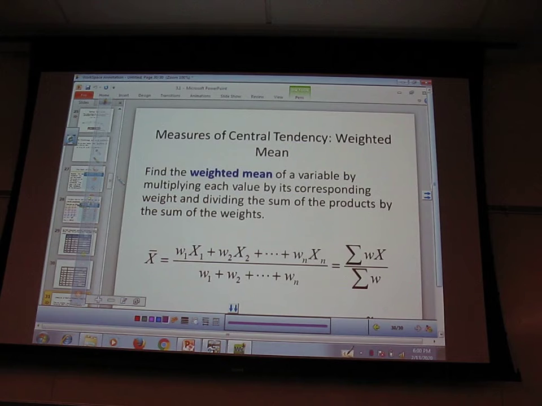So this part here, x bar is your sample mean, right? X is your data values. W is your weights or frequencies. And the sum of the weights is the sum of the frequencies.